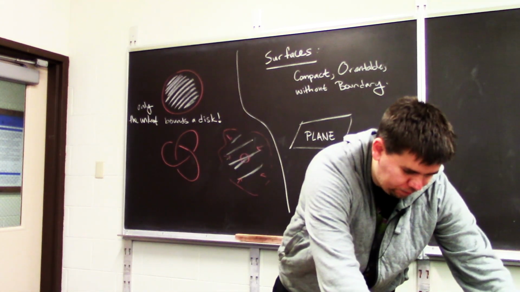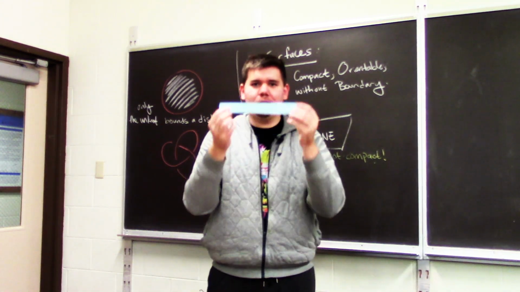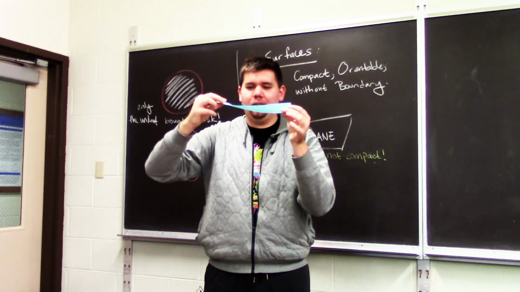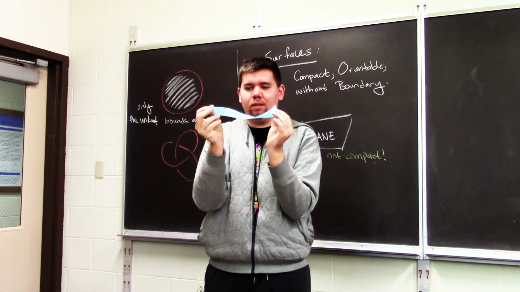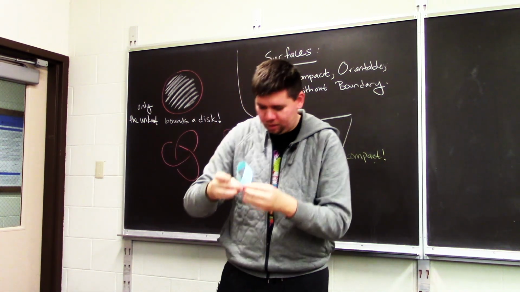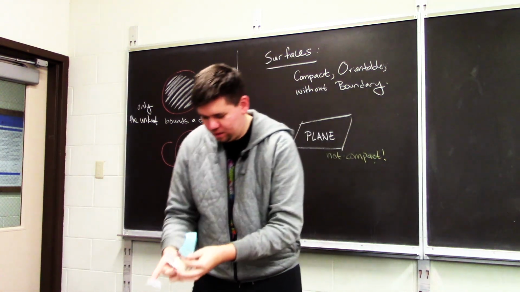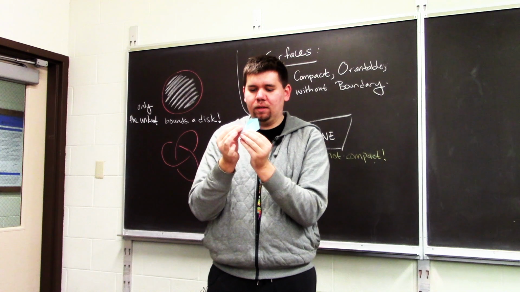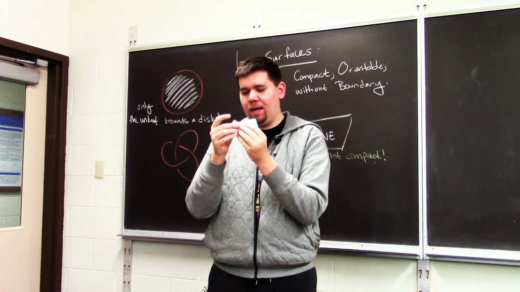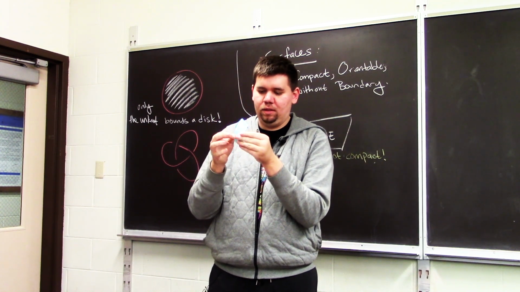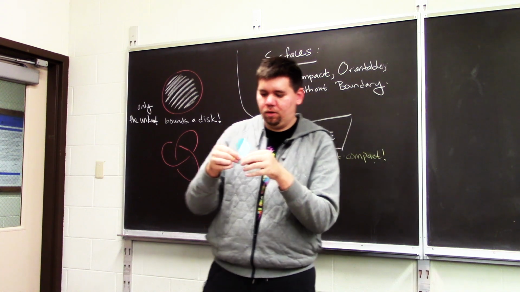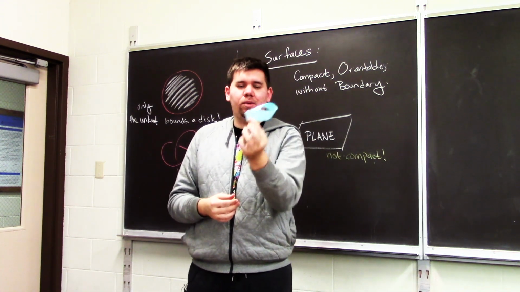Or, even simpler, you take a piece of paper, give it a half twist, come around, tape it to itself, and you get the Mobius band. And the Mobius band is another surface that has only one side to it. It's not orientable.